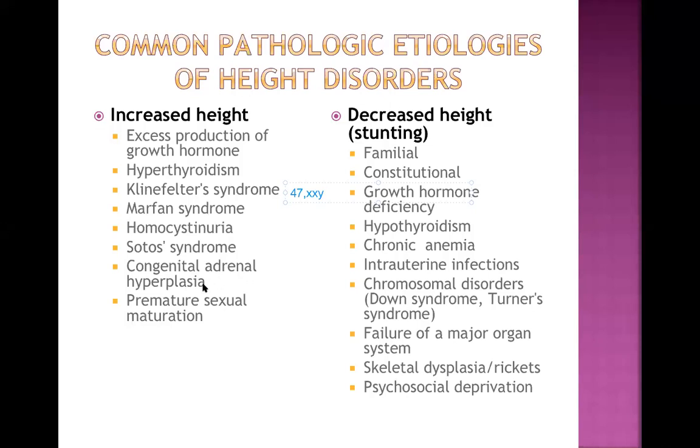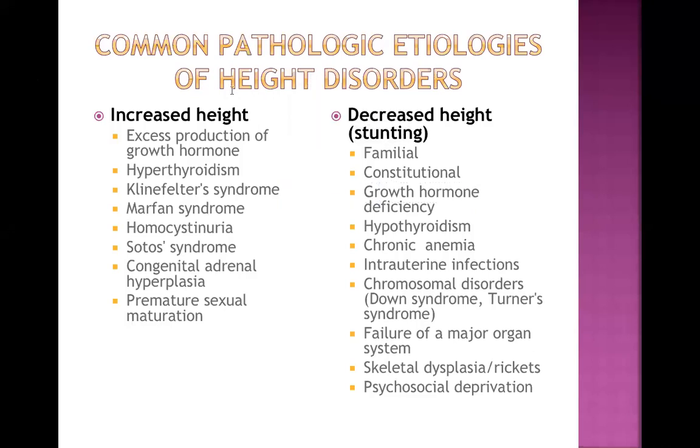Congenital adrenal hyperplasia is a disorder of the adrenal gland. In this condition, there is some enzyme deficiency, and those enzymes are very essential for the synthesis of glucocorticoid and mineralocorticoid. Let me write those enzymes there.